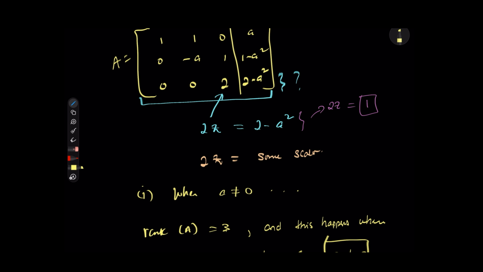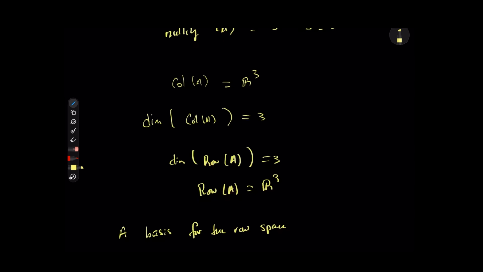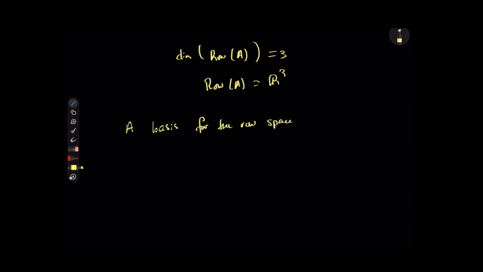So the basis for the row space would be taking all the rows. So it will be the first row, which is 1, 1, 0. We will also have 0, negative A, 1. We have 0, 0, 2. Of course, we have to put as well here when A is not equal to 0.